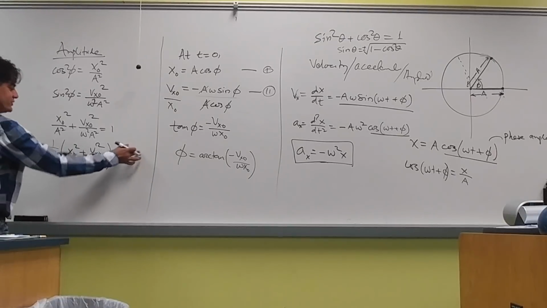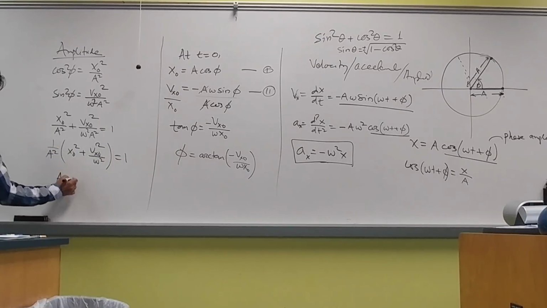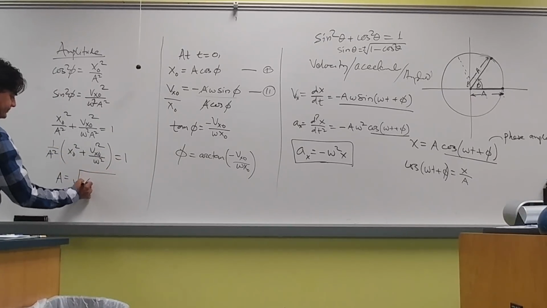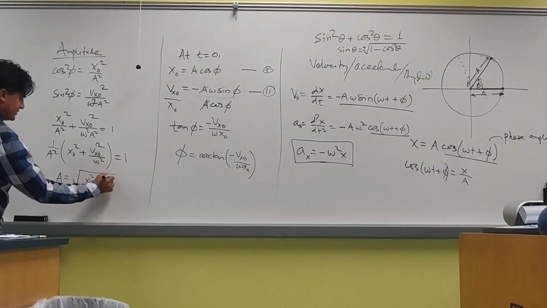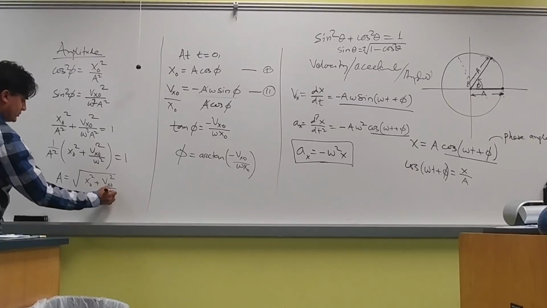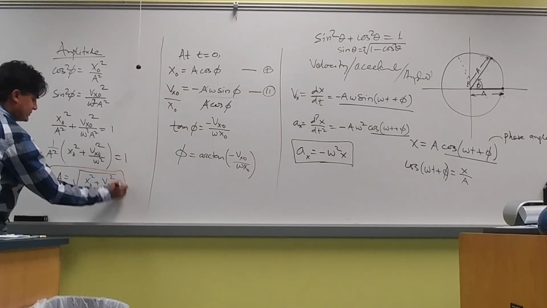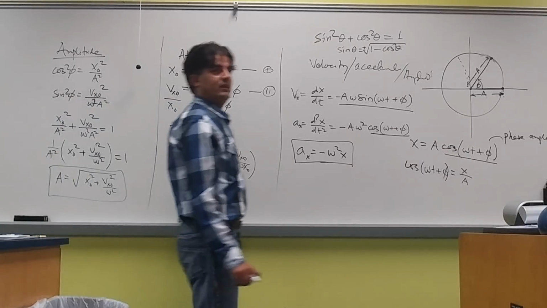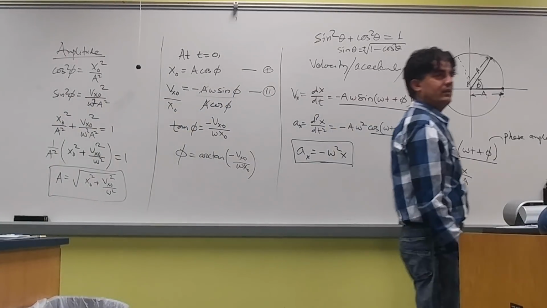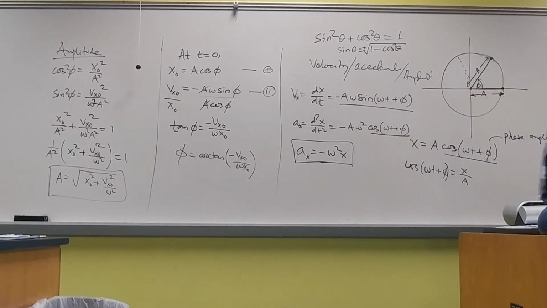So this goes to the right, and A will be the square root of x0 square plus Vx0 square by omega square. This is the expression for the amplitude, if the velocity and the displacement at time t equals 0 are given.